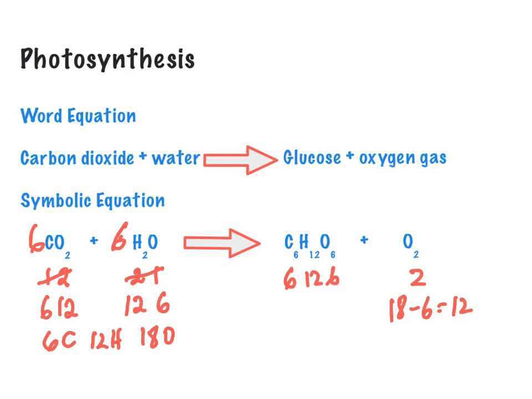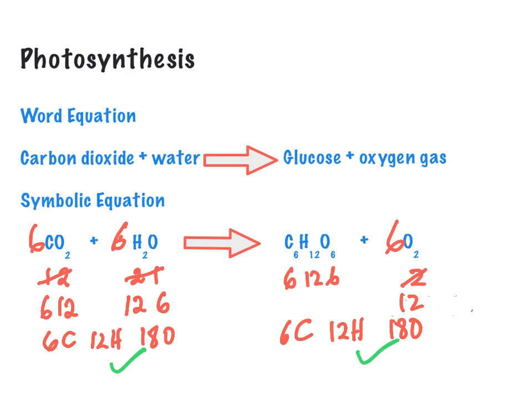Now that means I can do this. And if I do that, it means I've got 6 O2s, and 6 times 2 is 12. And that means now I've got 12 oxygens here. So now I've got 6 carbons, 12 hydrogens, and 18O here. So that means I have got that and that are equal.